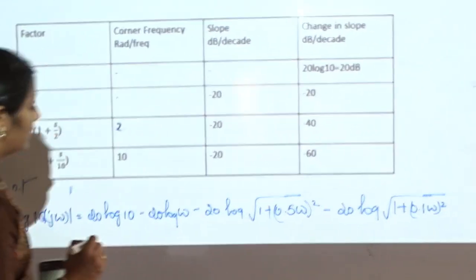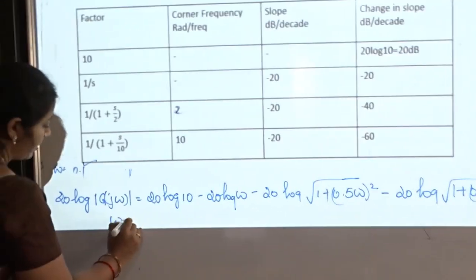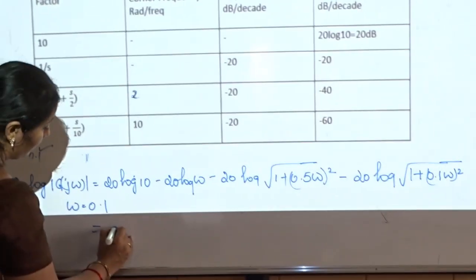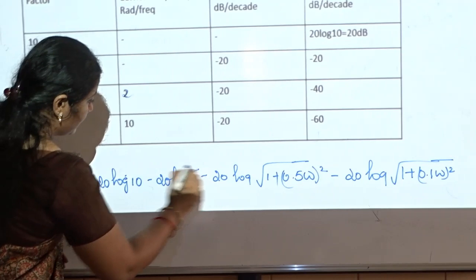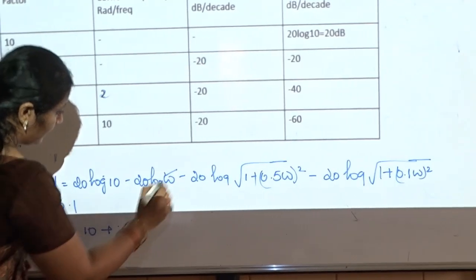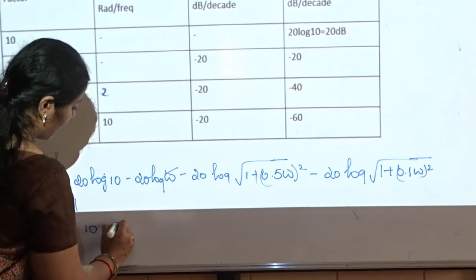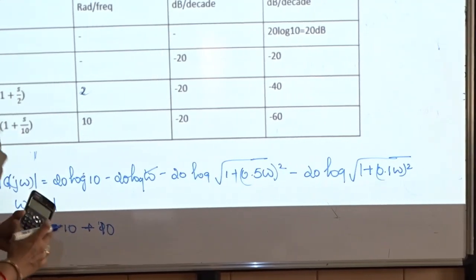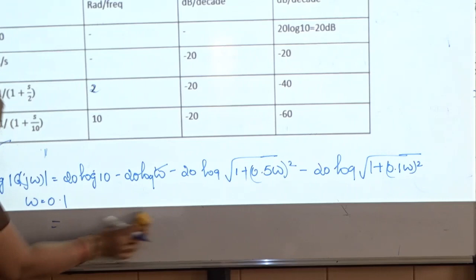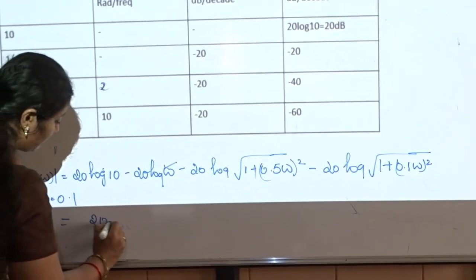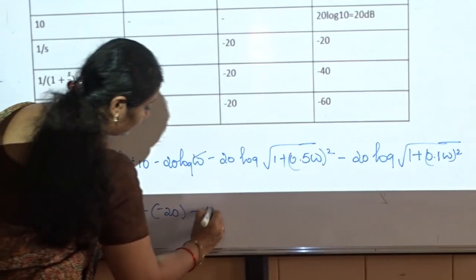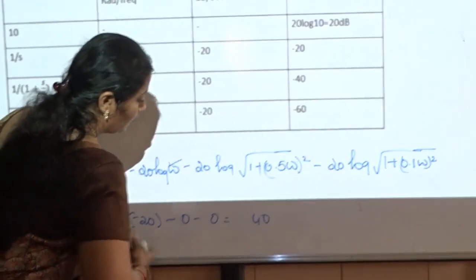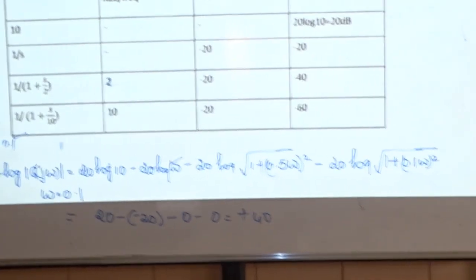This is how we have to write the equation. Now at omega equal to 0.1, this is 20 minus of minus 20, and the other values are 0, so it is around minus 40, so it is a plus 40. So we will have to start from plus 40.